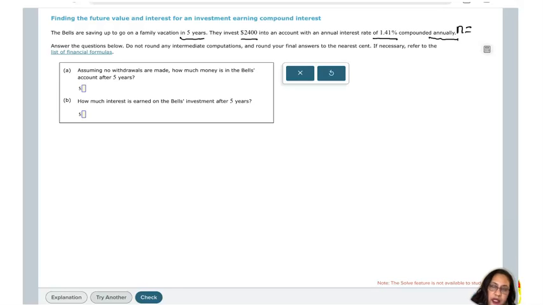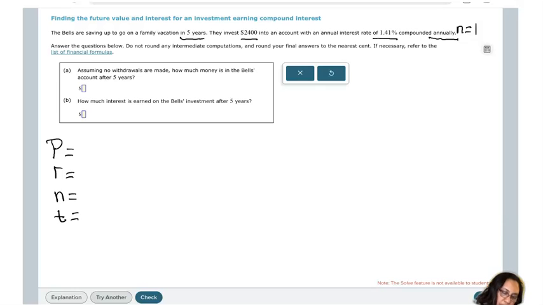N is equal to 1 just to have it stand out a little bit for you. So we need our principal, we need our rate, and we need our n amount and our time. Okay?